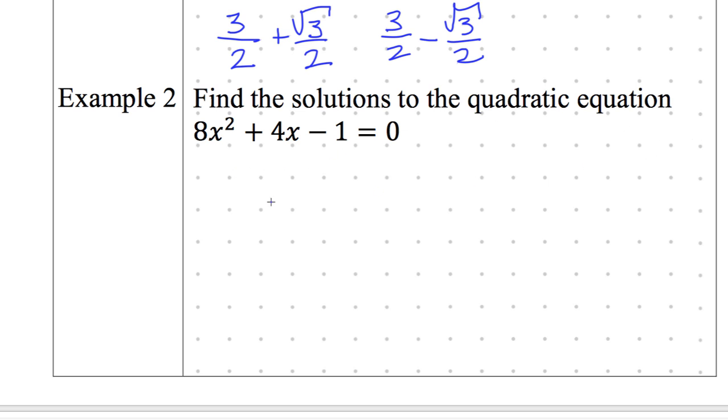I have my a, b, and c. So do your little sing-song in your head. x is equal to -4 plus or minus square root. Keep going, you got this. Yep, 16 minus.